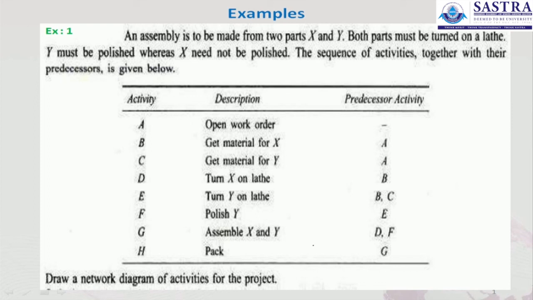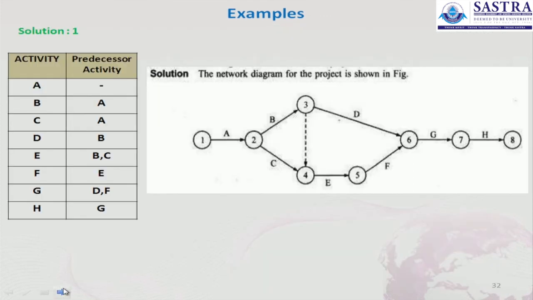So based on this table, we have to work out the network diagram. First we have to frame the table. As per the given problem, there is the activity and the predecessor activity. A, B, C, D, E, F, G, H are the activities, and the predecessors are also given.